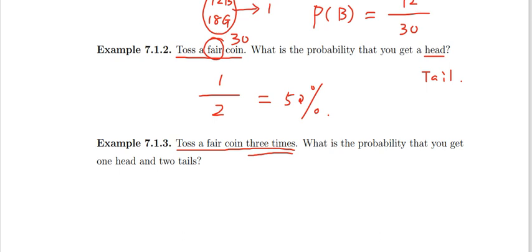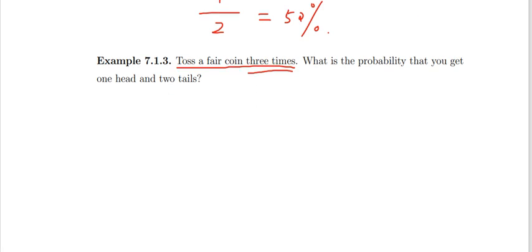The first time could be head or tail. We have 2 cases. The second time also could be head or tail, right? The third time could be head or tail. So in total how many cases? We can list all cases.